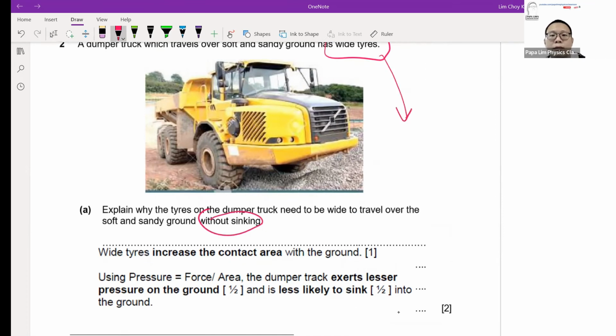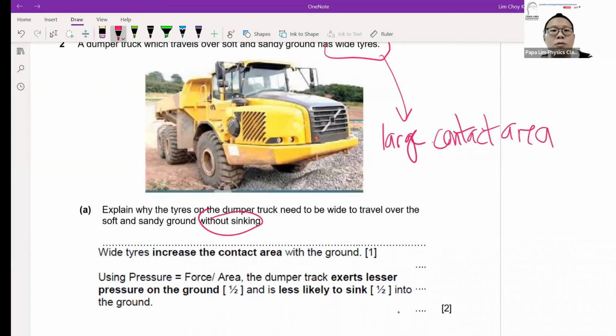The clue about wide here refers to a large contact area. Sometimes I like to call it a large perpendicular contact area, to be more precise.